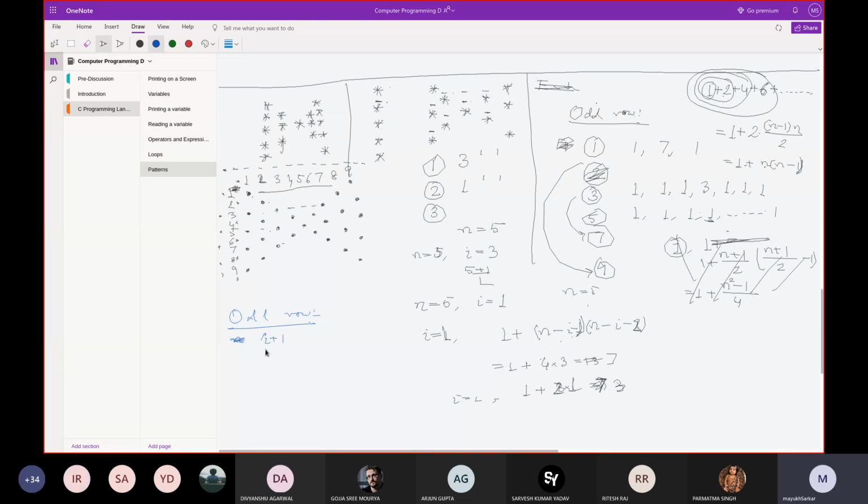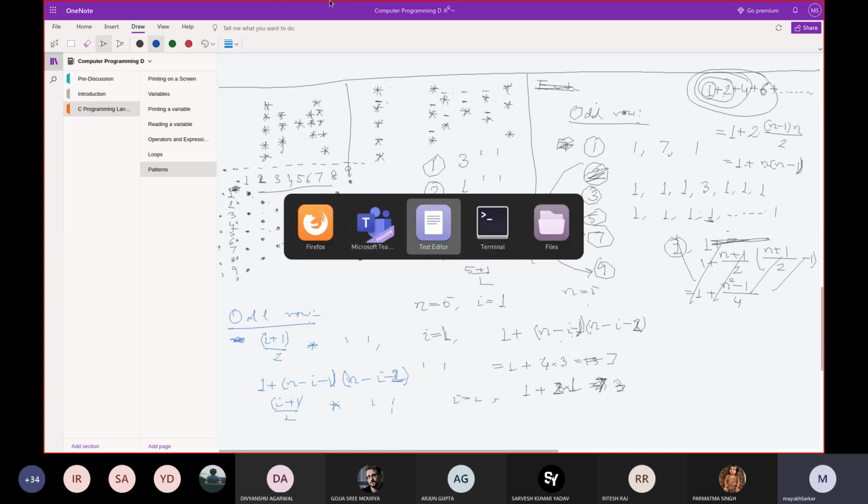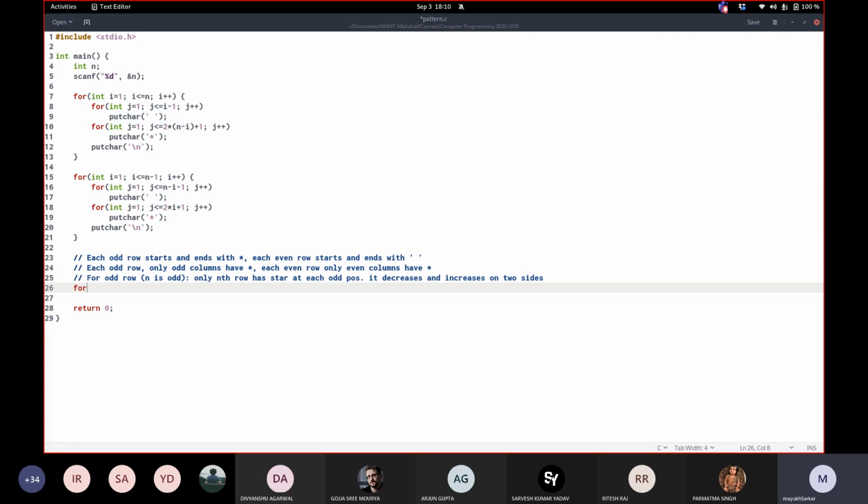I plus 1 by 2 stars separated by space, then 1 plus n minus i minus 1 into n minus i minus 2 number of spaces followed by again i plus 1 by 2 number of stars separated by space. Let me check here. But that's only for odd rows.